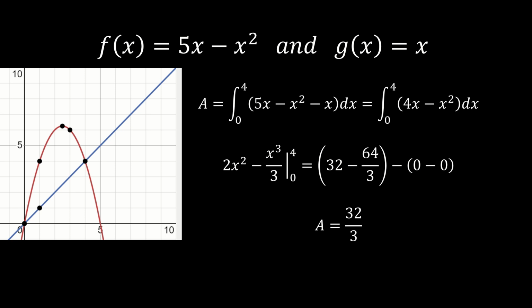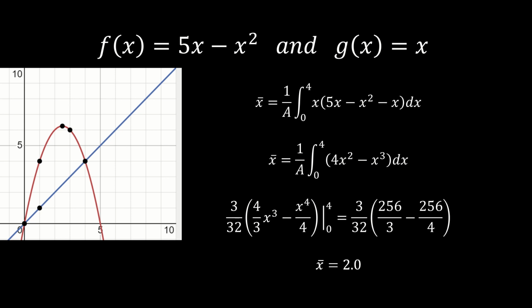Just be careful for things like that. But going back to our actual problem, as we take the integral from 0 to 4, that becomes 2x squared minus x cubed over 3, which that goes to 32 minus 64 over 3, minus the quantity of 0 minus 0. And that exactly equals 32 over 3.